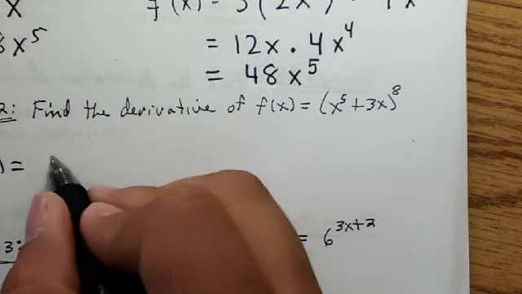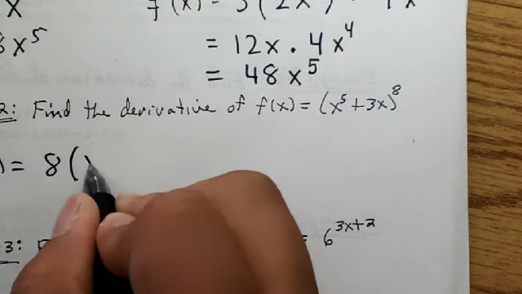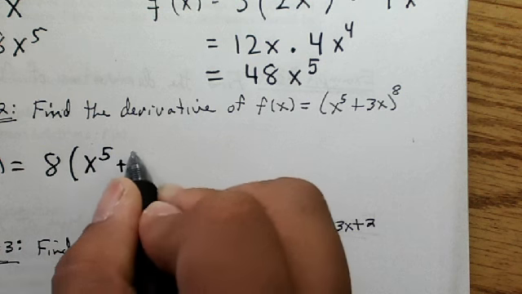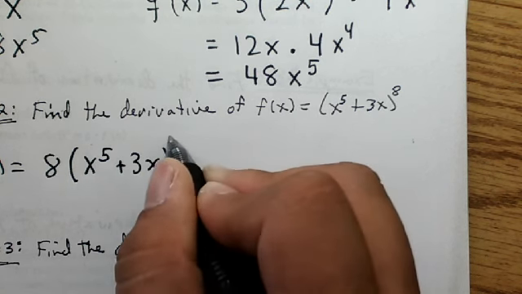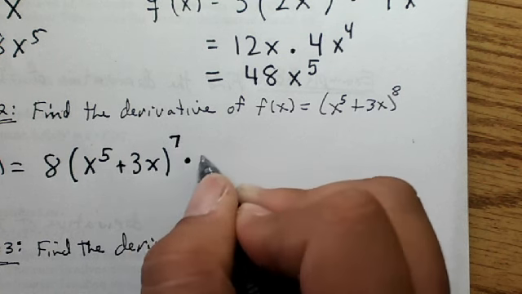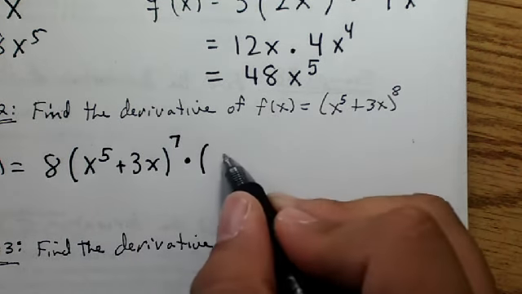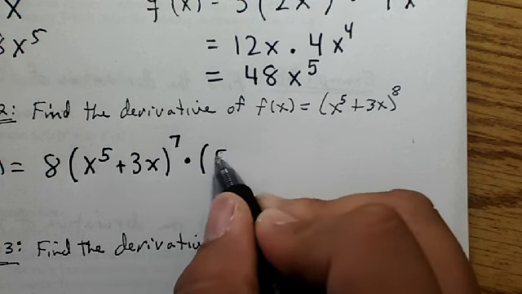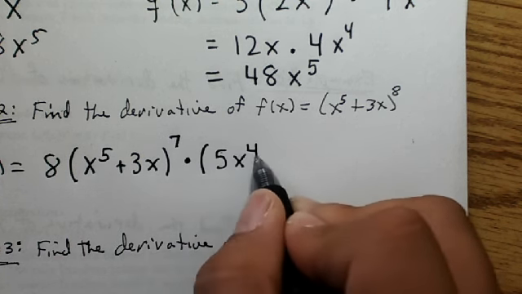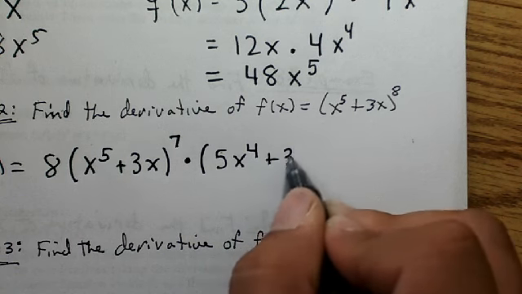This would be 8 times, you leave x to the 5th plus 3x alone. And then what does this 8 become up here? 7. And then what do we multiply this by? The derivative of the inside. What's the derivative of the inside? 5x to the 4th plus 3.